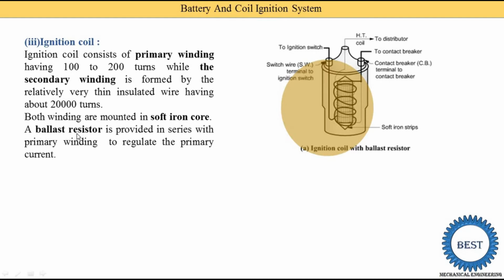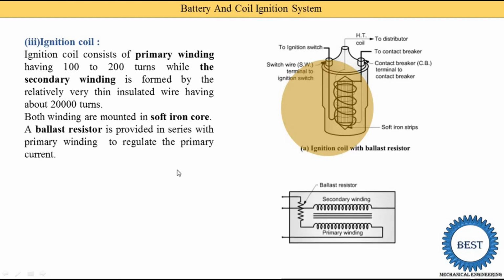A ballast resistor is provided in series with the primary winding to regulate the primary current. Here you see the ballast type resistor. It is connected in series with the primary winding. You can see that it is wound on the primary winding, not on the secondary winding.